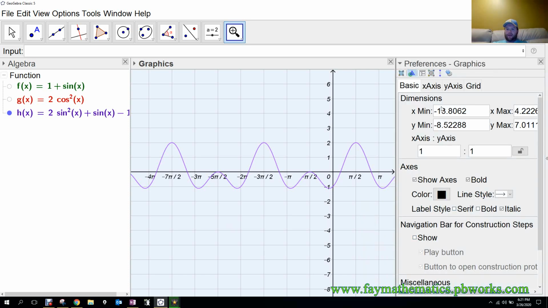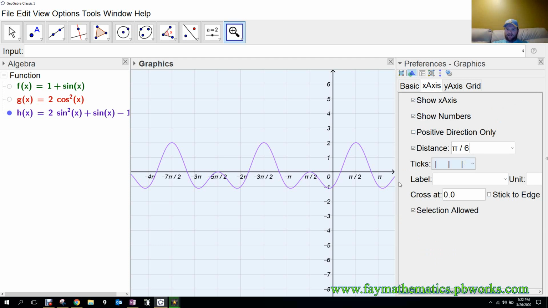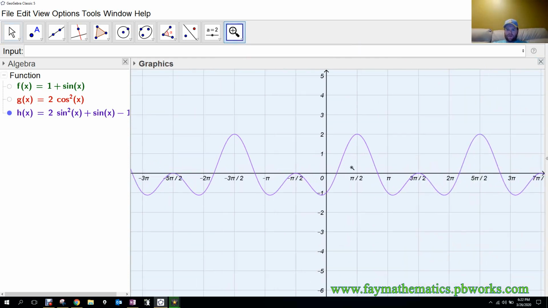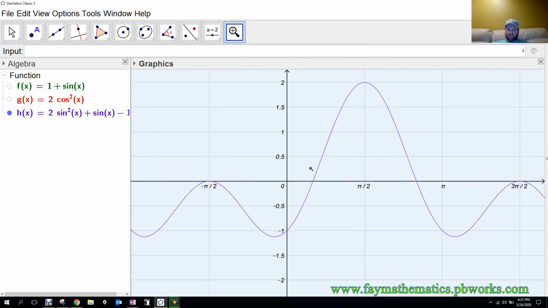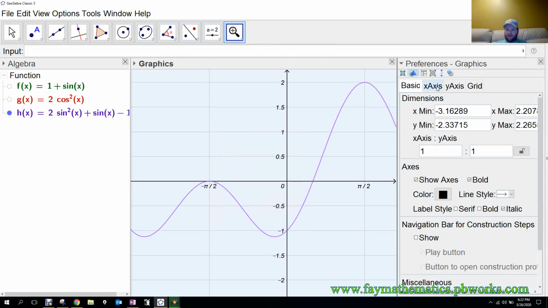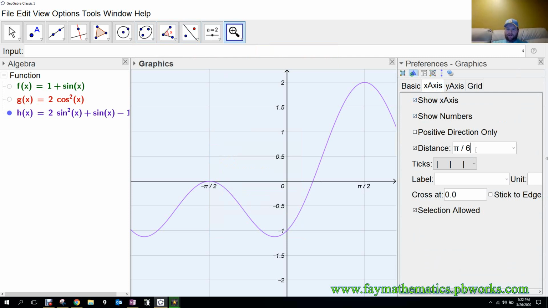And again, if I've got things in terms of pi over 6, and I zoom too far out, we will see, let's see here, graphics, x-axis, pi over 6.